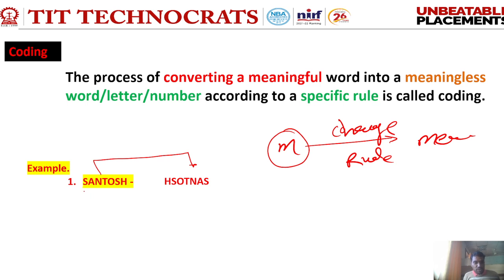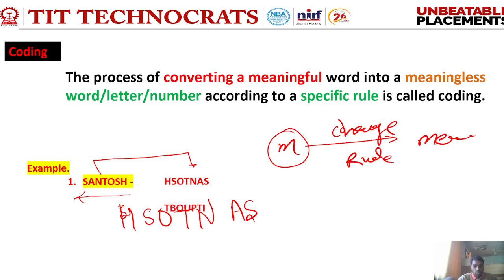This is a reverse order rule: the last letter S comes first. So coding is changing a word by a rule, and then you can decode it.